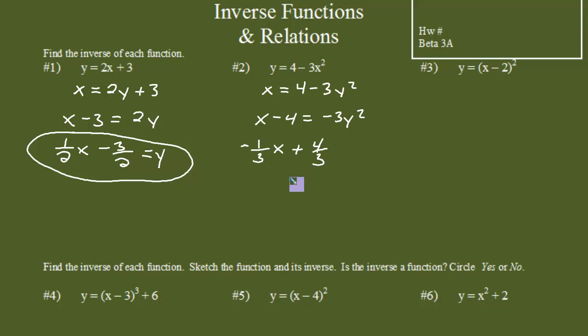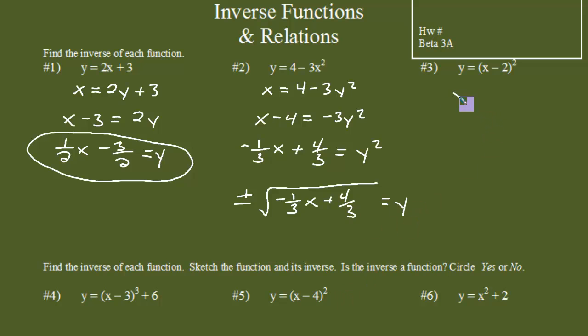Subtracting a 4 divided by a negative is going to be subtracting a negative, which is the same thing as adding a positive. Then if we simply square root both sides, we get plus or minus the square root of negative 1/3 x plus 4/3 equals y.